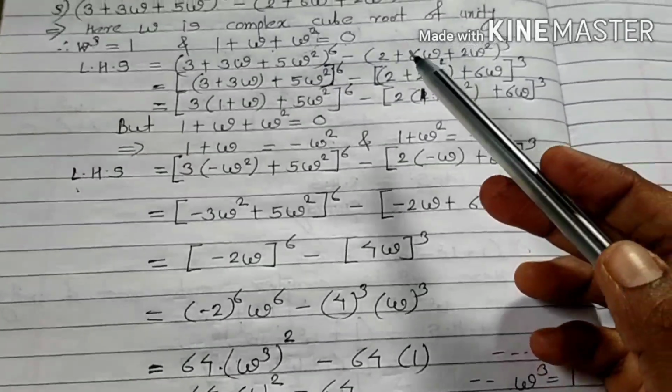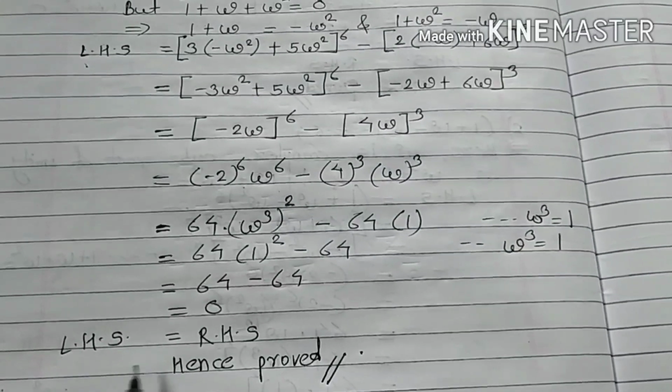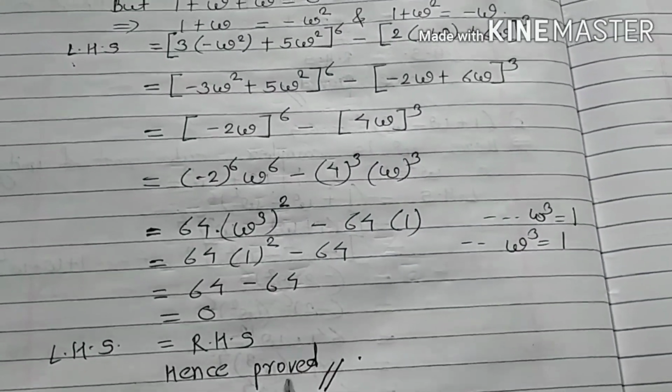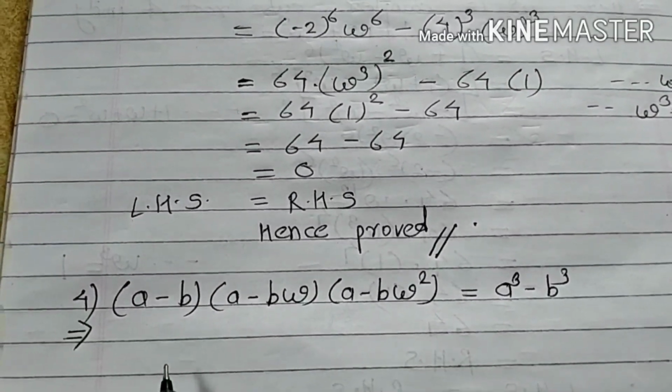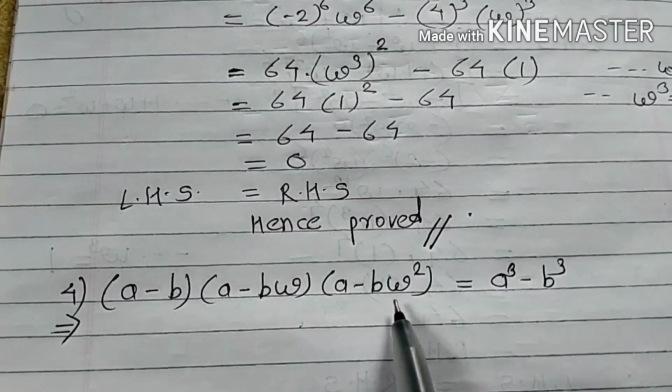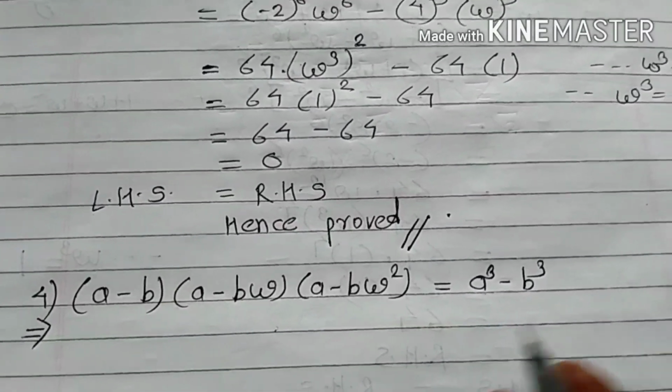So this is the proof. Here we proved LHS equal to RHS, RHS is 0, hence proved. Now next example, (a minus b omega) into (a minus b omega square) is equal to a cube minus b cube.